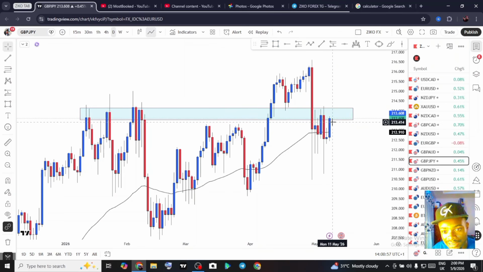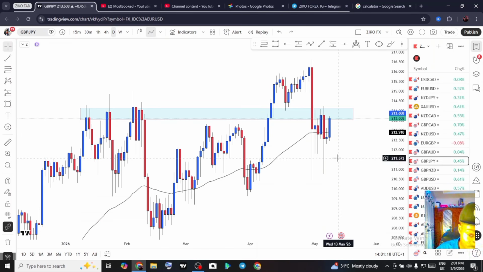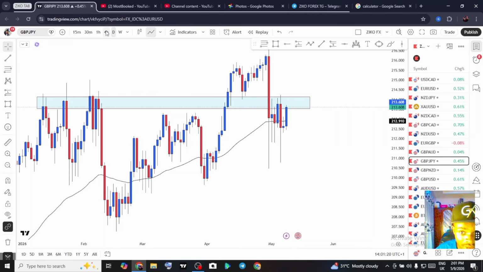So price is currently at resistance. It could actually sell. So that's actually a good thing to see when you are trying to sell NZD JPY, right? Because JPY pairs kind of move similar, right? So that's on the daily.